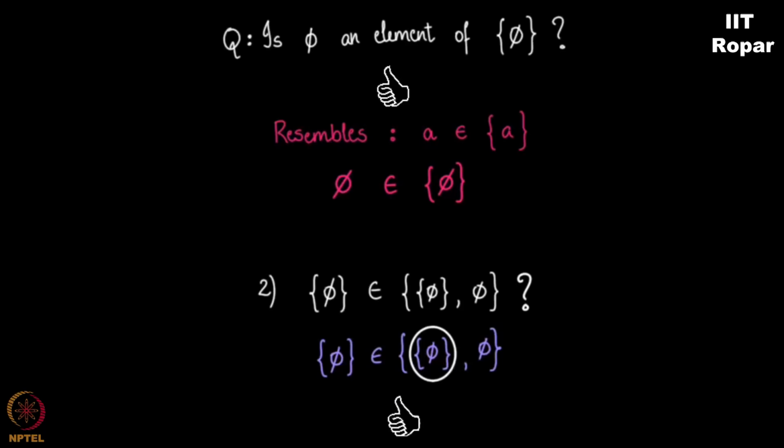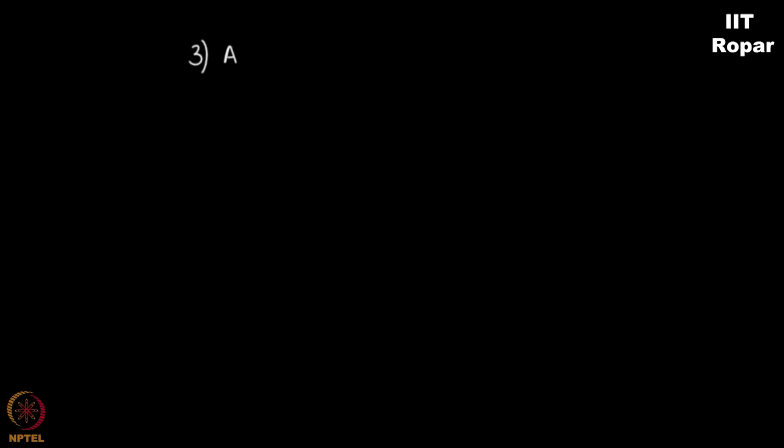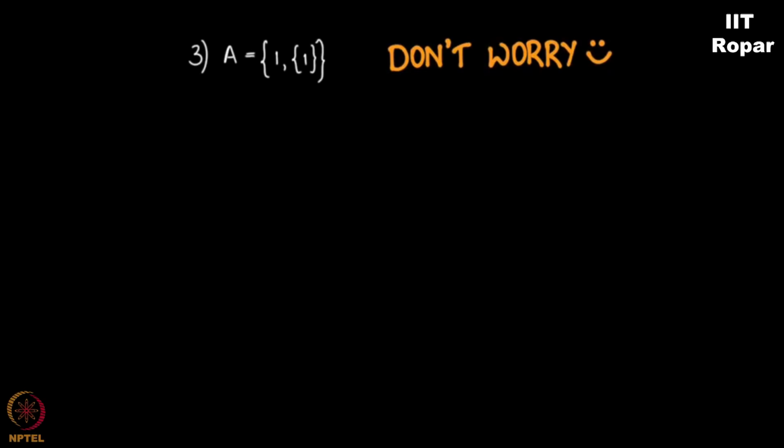Here is a tricky question. A set A comprises of an element 1 and an element which happens to be a set containing 1. Now, these things are all very confusing. It doesn't mean that if you don't get these right, you don't know set theory, but it is a true test of your complete, proper understanding of set theory.